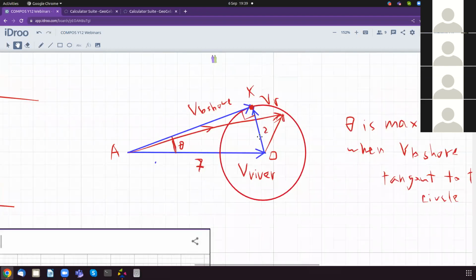So OX is the chosen direction. Oh, sorry. The angle we're looking for is this one, alpha. So alpha is the chosen direction.